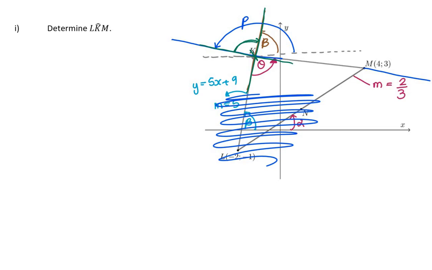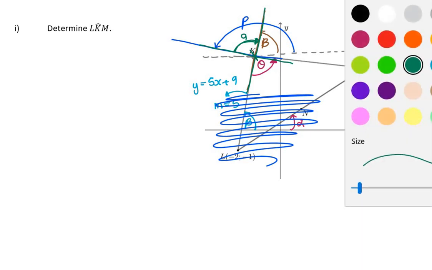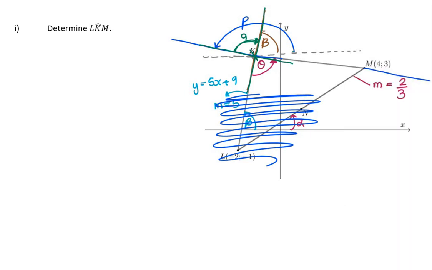So if I can find that angle there, let's call it A, could I not just say theta is vertically opposite to it? Now, how am I going to find A? A can be found by saying P is all the way there. So P, but take away this beta, and that'll give me just the A part. So basically I need beta and I need P, and then I can subtract.